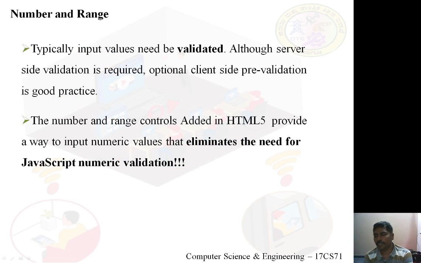Now coming to the next important topic, number and range. I told you in earlier sessions that before a form is submitted to the server, validation needs to take place at the client side.